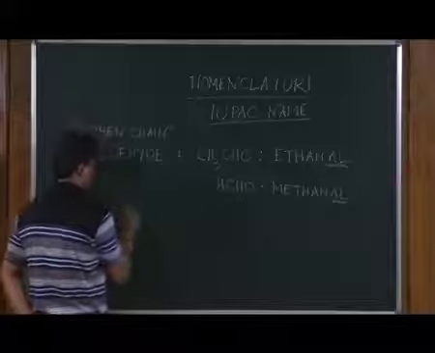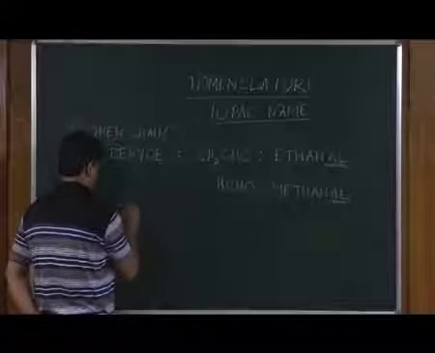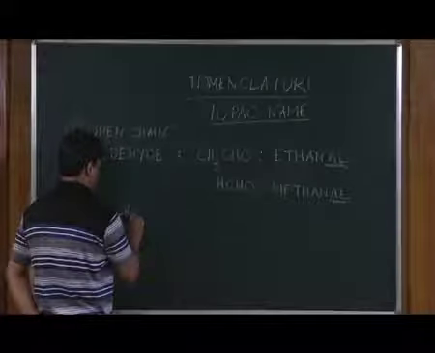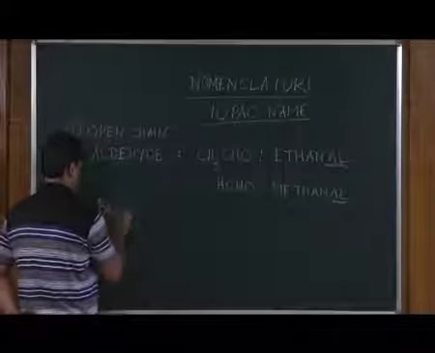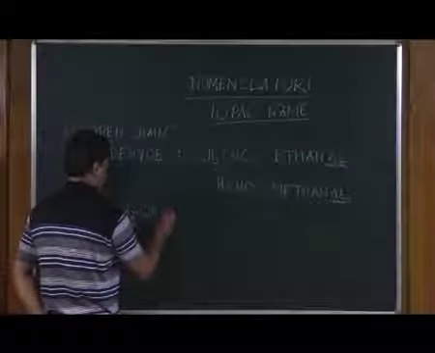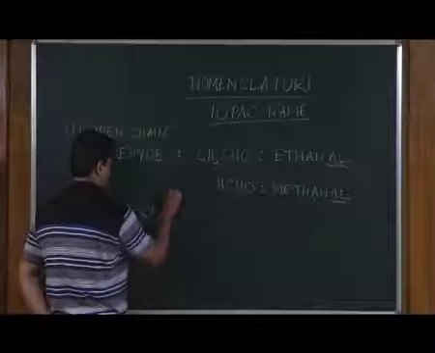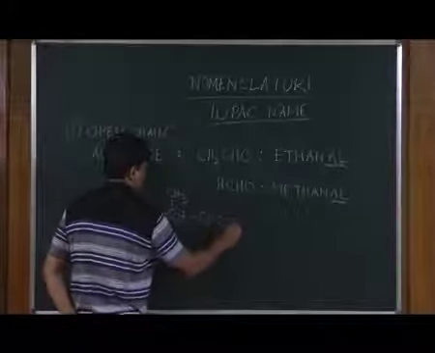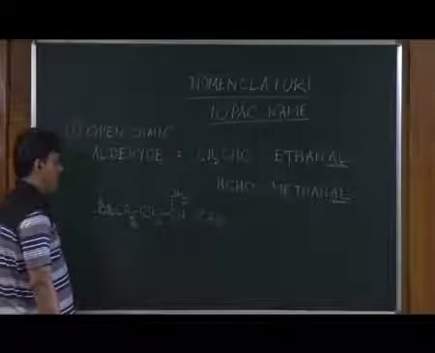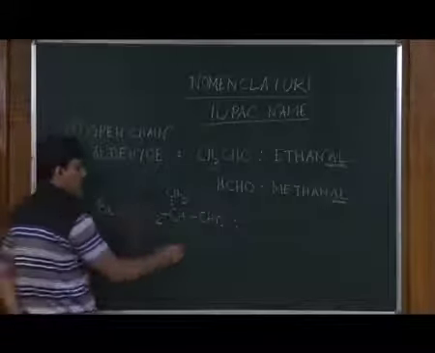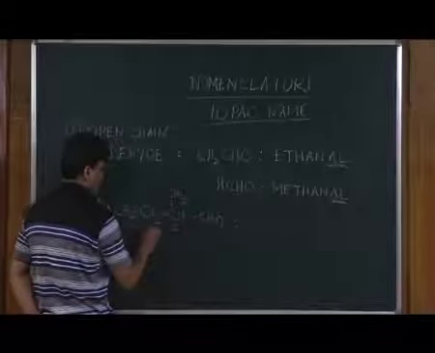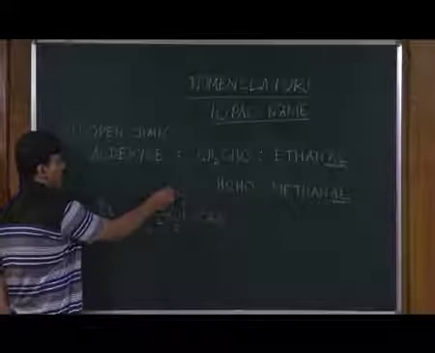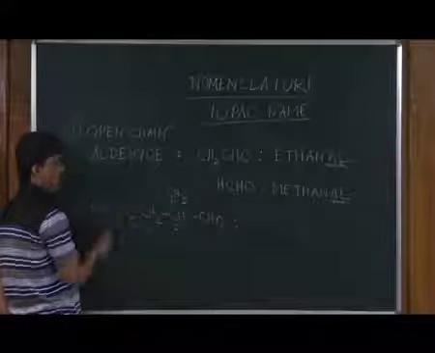Then substituents. As I told, the aldehyde group will always get the first numbering. So, this will be 1, 2, 3, 4. And depending on the alphabetical order, here bromo comes first.